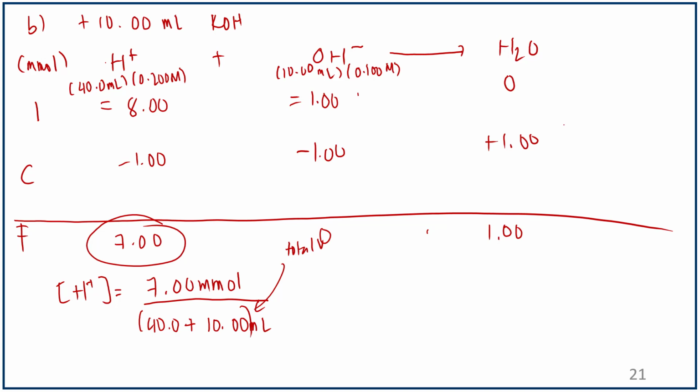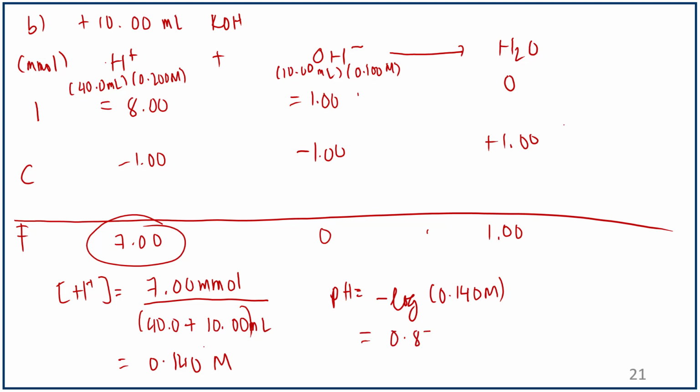When you do the math, that will become 0.140 molar. Therefore the pH of the solution is negative log of 0.140, which should be 0.854. Notice that the pH of the solution has increased by around 0.2.